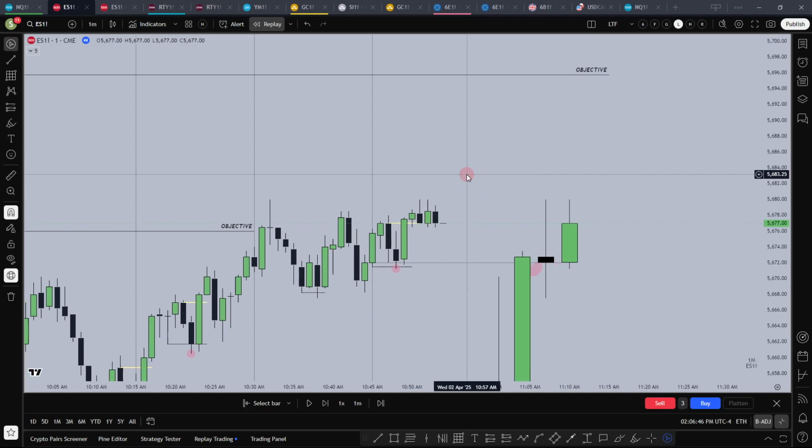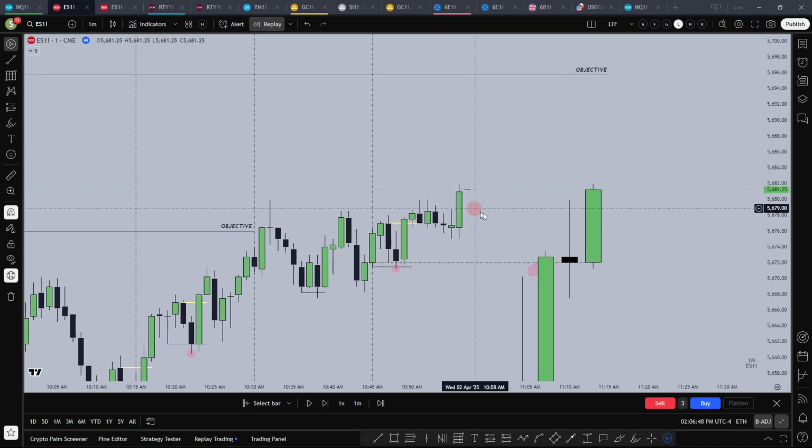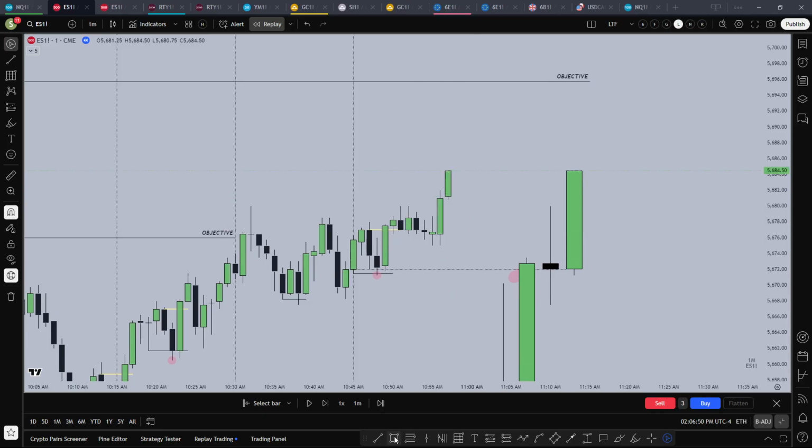Then let's see if it gave any continuation. Yes, into this level, or you can use this order block as well, then close above here. So can you take this continuation? But for continuation entries, you wanna make them being aligned with EQ of the high time frame candle you are in.